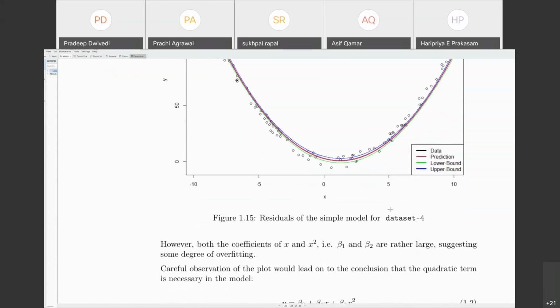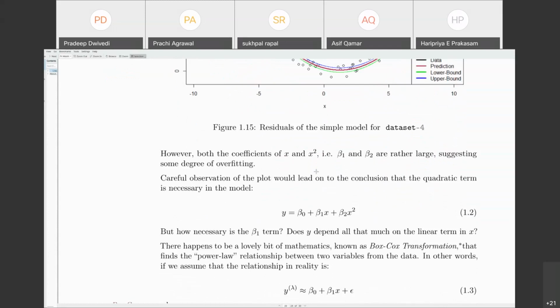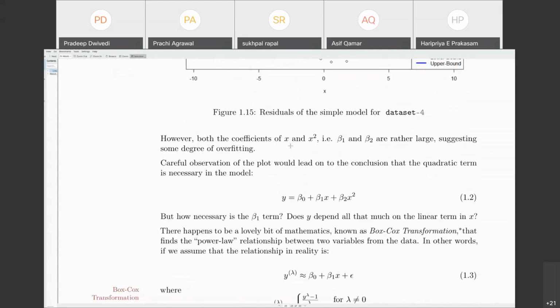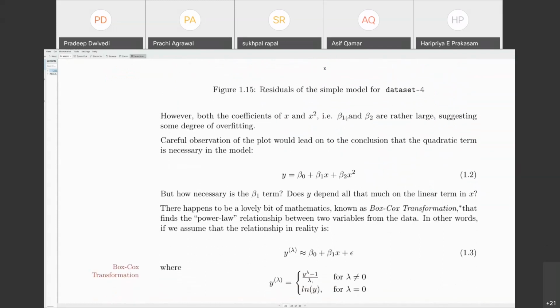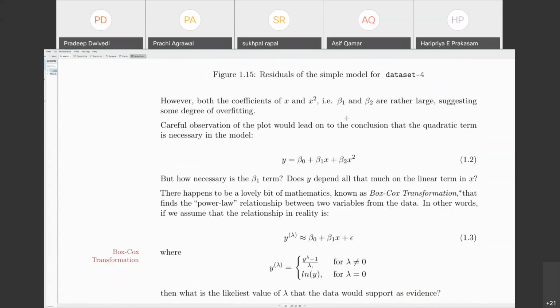It is just a mathematical curiosity. And in fact, one of the things that I'm using this to introduce, this is a very simple example, probably doesn't call for it, but I wanted to use this very simple example to discuss a lovely bit of mathematics called the Box-Cox transform, or the power transform.